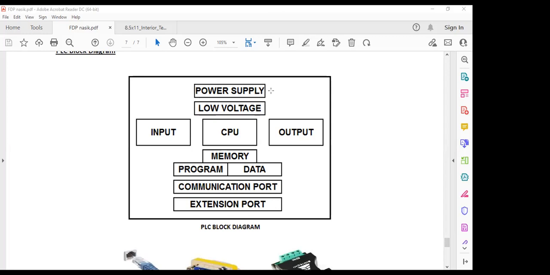So power supply. For any PLC, we need to power it on, and you can say everything will be manufacturer decided. We cannot decide anything. So power supply will be decided by manufacturer. Power supply we can have obviously of two types. AC power supply, DC power supply, correct?